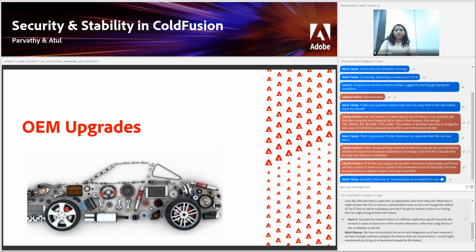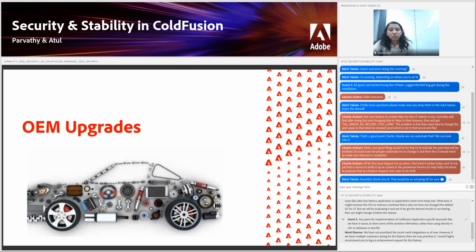Thanks, Atul. Hi, everyone. Atul has already talked about the Tomcat upgrade and JDK upgrade. In the OEM upgrade section, I'll be talking about the other major upgrades that we have done, and also provide an exhaustive list of the OEMs that we upgraded. By OEMs, we refer to the different third-party libraries, tools, and frameworks that aid different functions in ColdFusion.